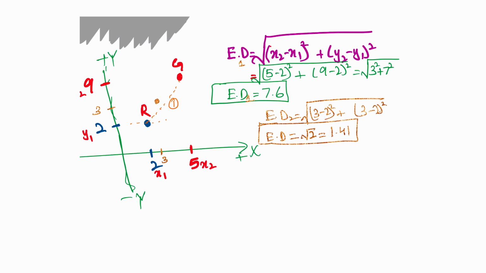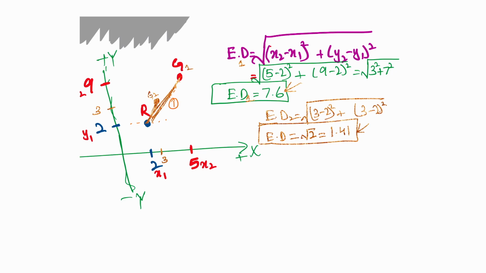You can see that this point, goal number 2, is really close to the robot as compared to goal 1. So the value of Euclidean distance 1 is greater than the value of Euclidean distance 2 because it is far. This is just a common calculation.